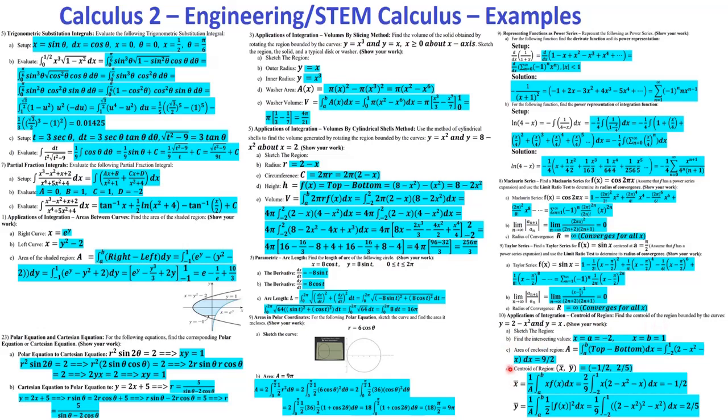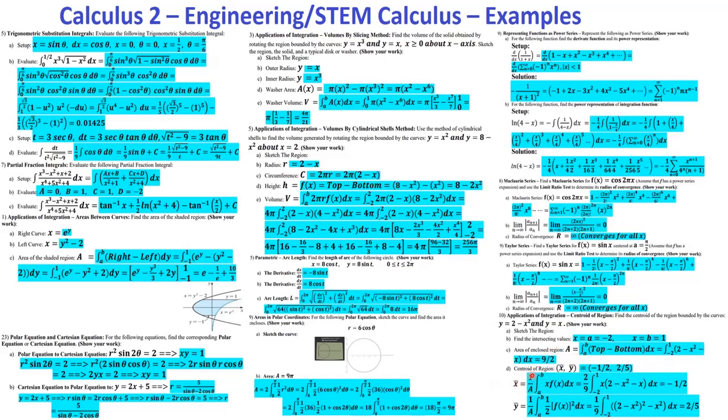First you sketch the region, find the intersecting values by setting 2 minus x squared equal to x, then you will end up with a is minus 2, b is 1. Then the area is the integral from a to b of top curve minus bottom curve dx, which is from minus 2 to 1 of 2 minus x squared minus x, so you will end up with 9 over 2.